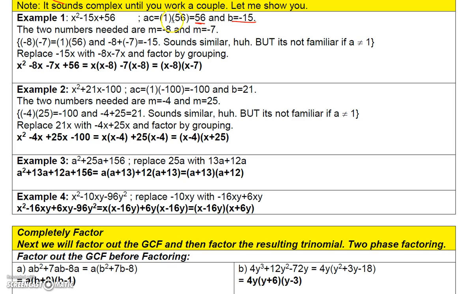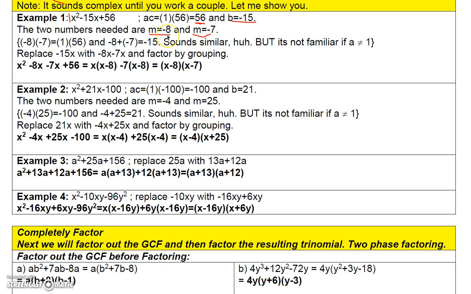So basically we're looking for two numbers whose product is 56 and whose sum is negative 15. Well, that's going to give us negative 8 and negative 7 again. Again, this sounds familiar because the coefficient of this term is just 1. But let me show you what we're going to do.